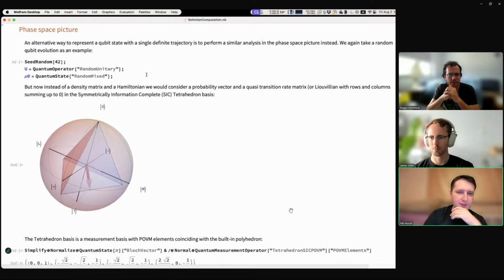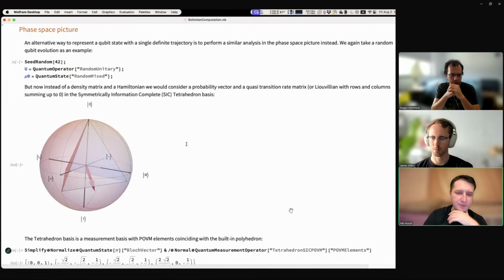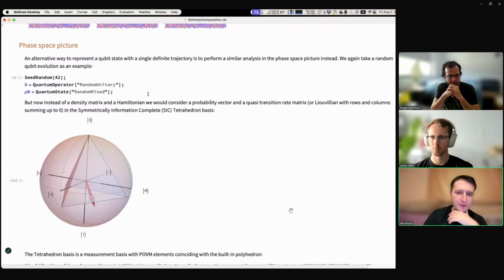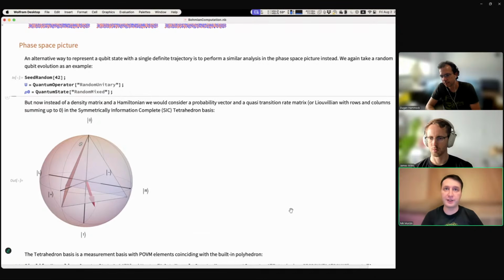The way we described a qubit before, with just a single vector, you can also describe the same qubit using a probability vector in four dimensions, corresponding to measurements symmetrically along the vertices of a tetrahedron. You take those four different orientations pointing to different vertices of the tetrahedron.